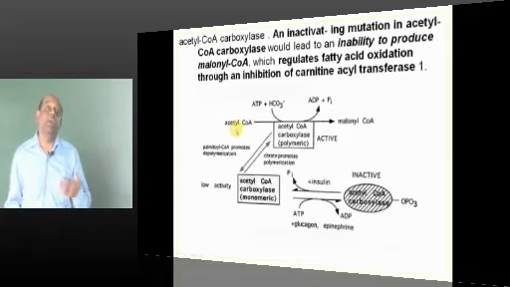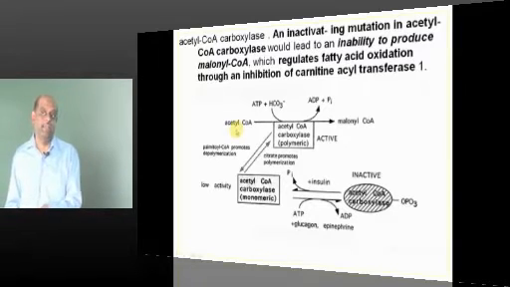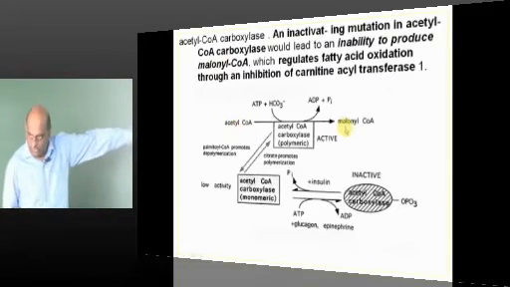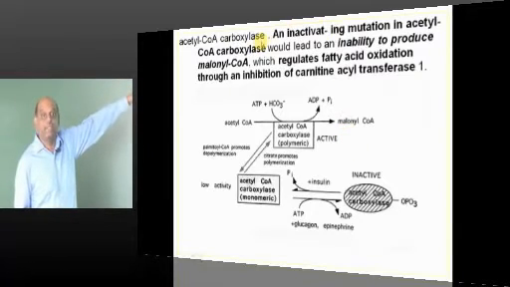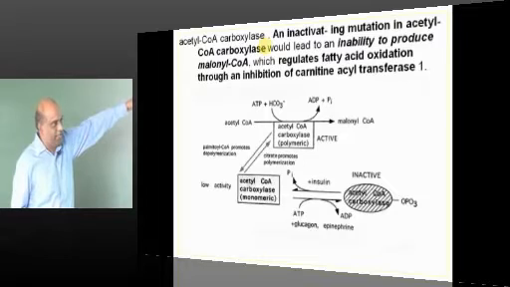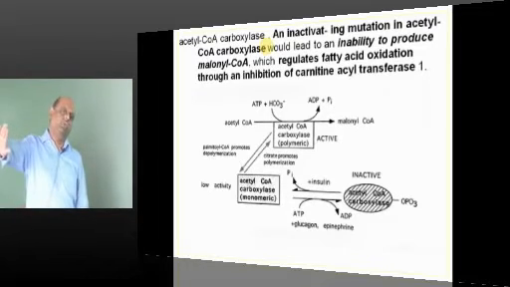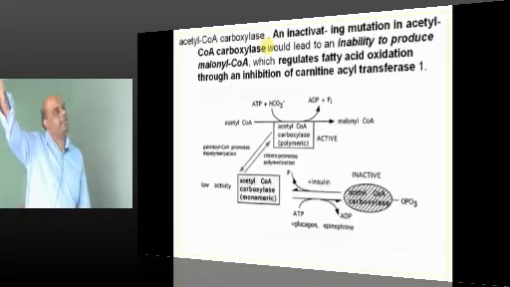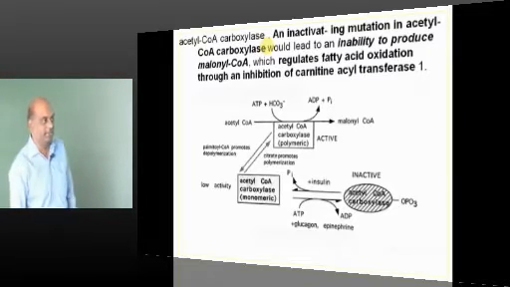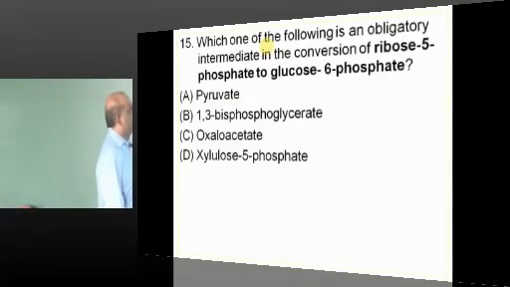No. How will the body know that there is already a lot of acetyl-CoA? All that acetyl-CoA converts into malonyl-CoA. The abundance of malonyl-CoA will be sensed by the beta oxidation enzymes, that a sufficient amount of acetyl-CoA is already there, there is no need for further beta oxidation, and that inhibits beta oxidation. So that is what you need to appreciate.